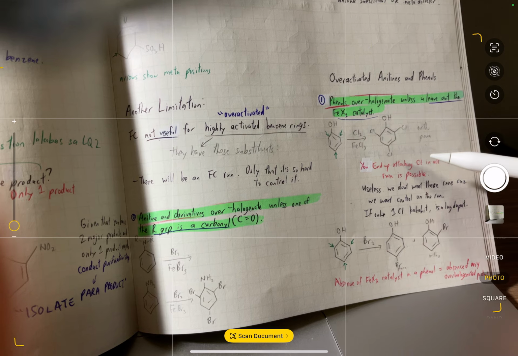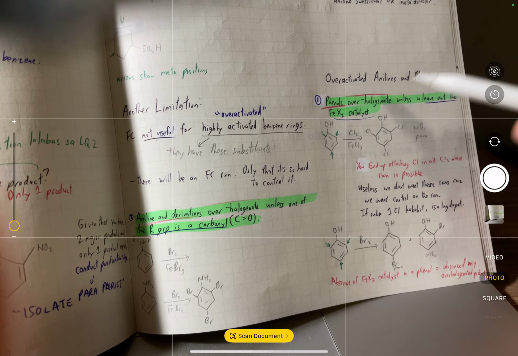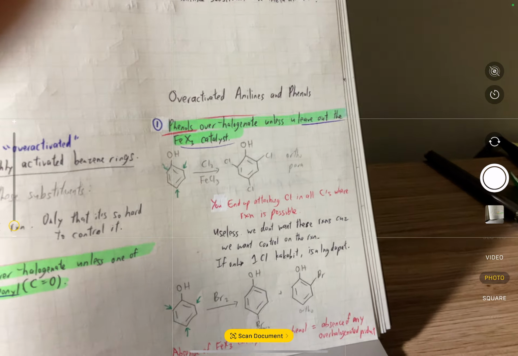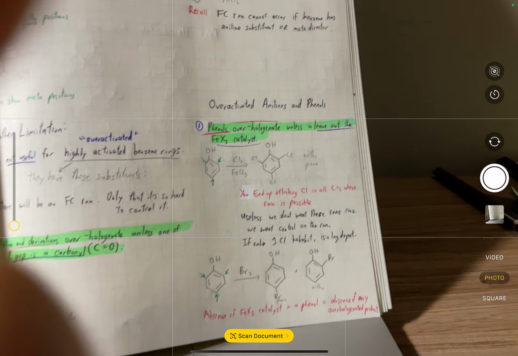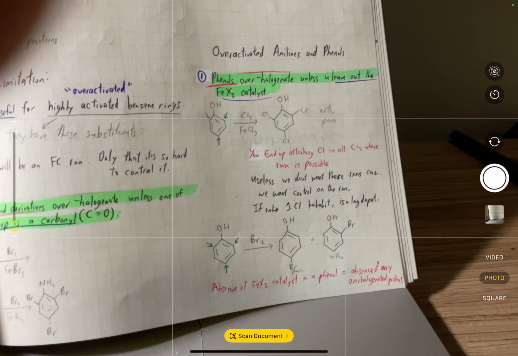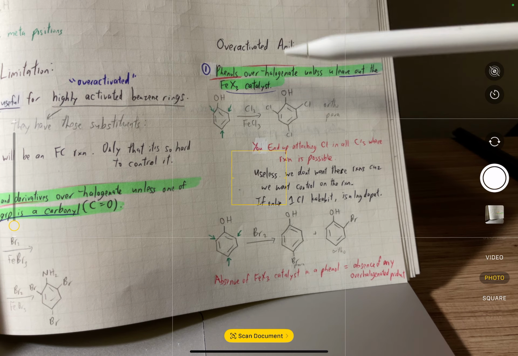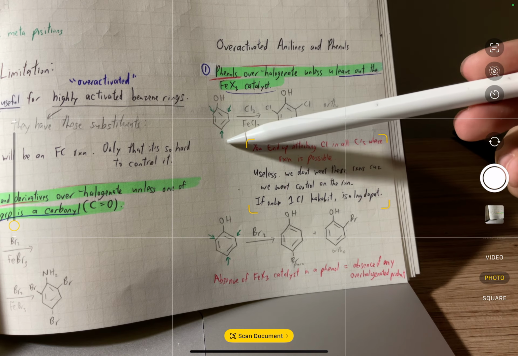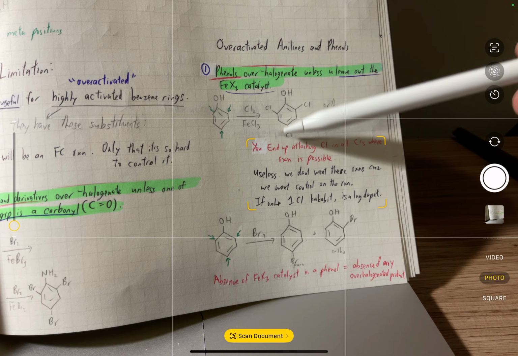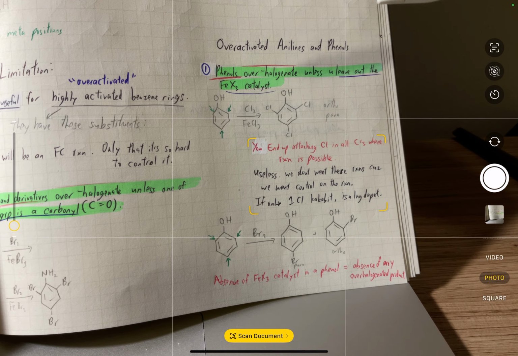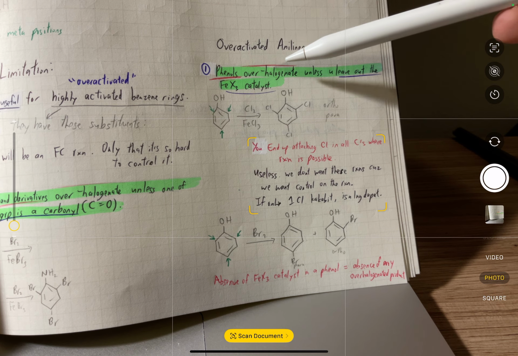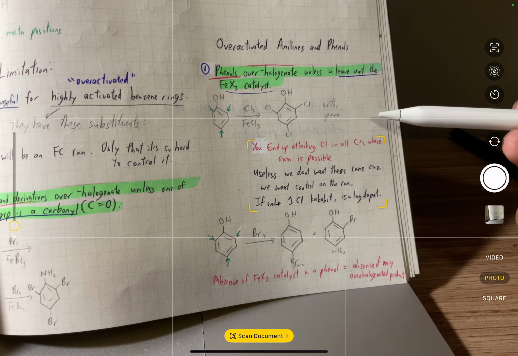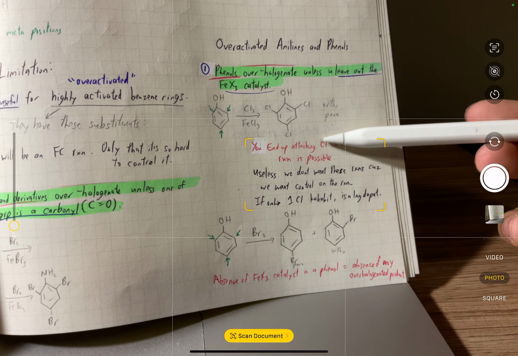Cl is a halogen, so it favors ortho and para position because it is an ortho para director. These are the possible positions: ortho to OH, para to OH. Each position is filled with chlorine. That's what you mean by over-halogenation: you end up with chlorine in all carbons where the reaction is possible.